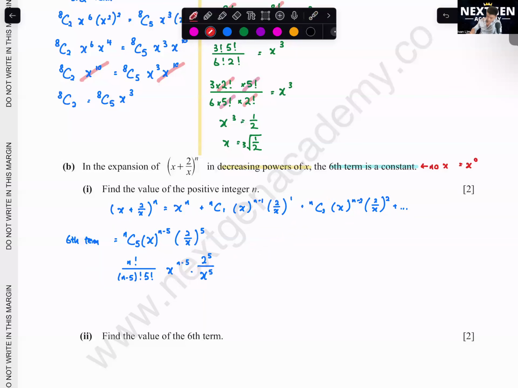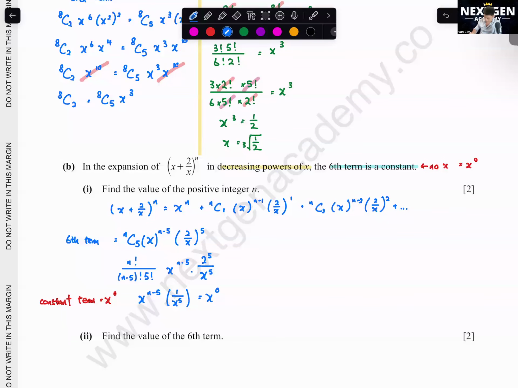So we write this down. Constant term means x to the power of 0. So x to the power of n minus 5, multiplied by 1 over x to the power of 5, equals x to the power of 0.